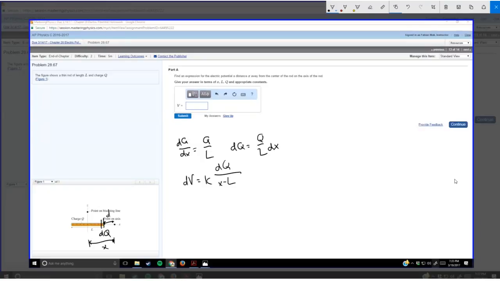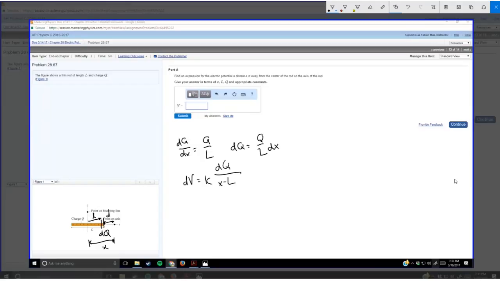So as I add up these slices, I have to use something else. Let's say that the position of this little slice is, let's say, little l.